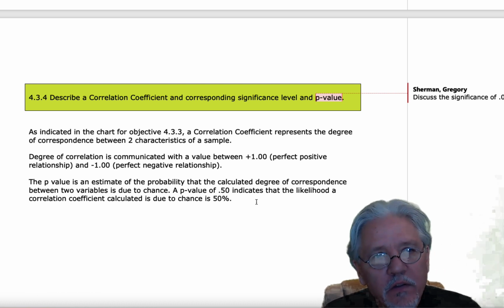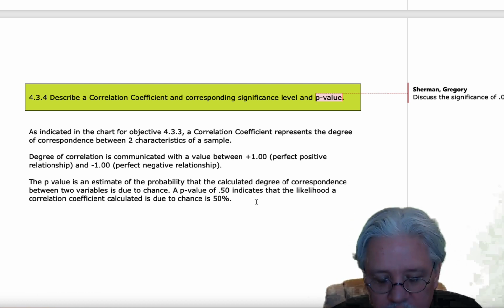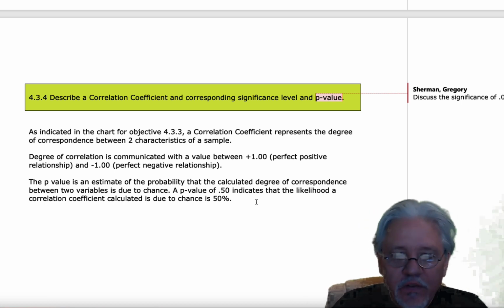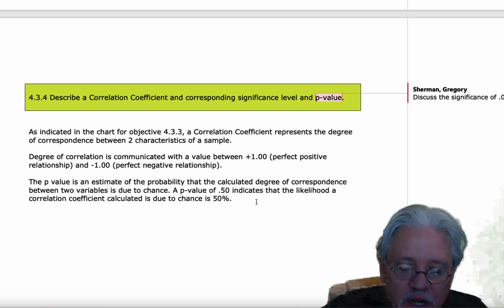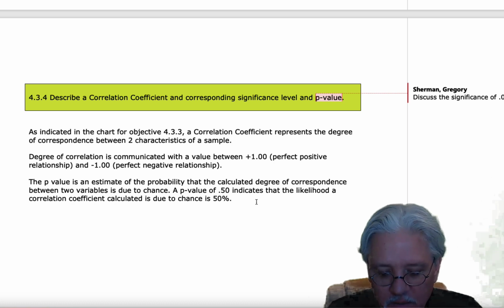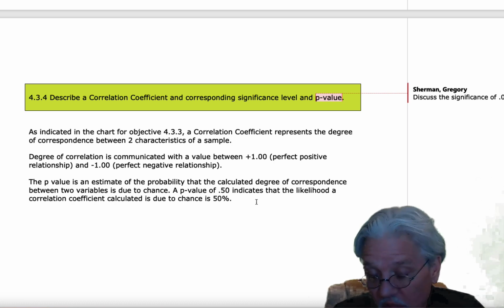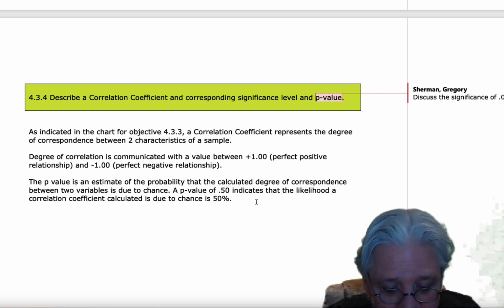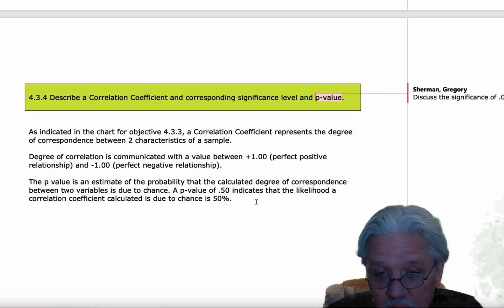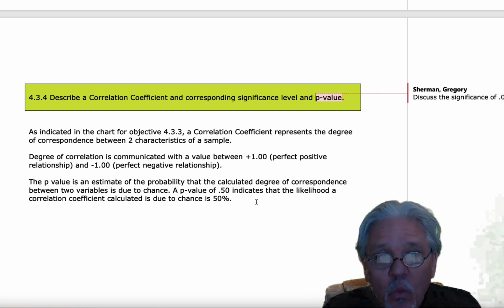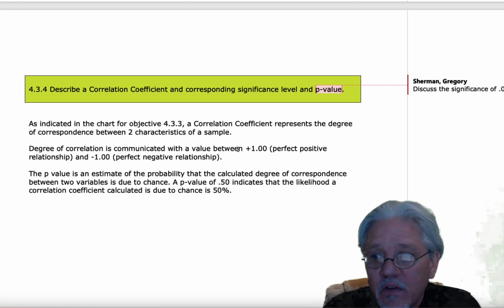Some scientists set the level at 1%. So, in other words, for the differences between sets of scores, there has to be only a 1% chance or less that it could be due to chance. Otherwise, the difference is not reported as significant. That's a pretty high bar to ask of yourself. And you might be asking, well, what are the statistics like?